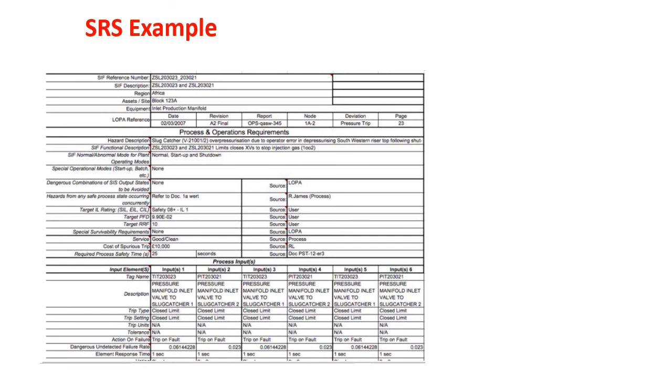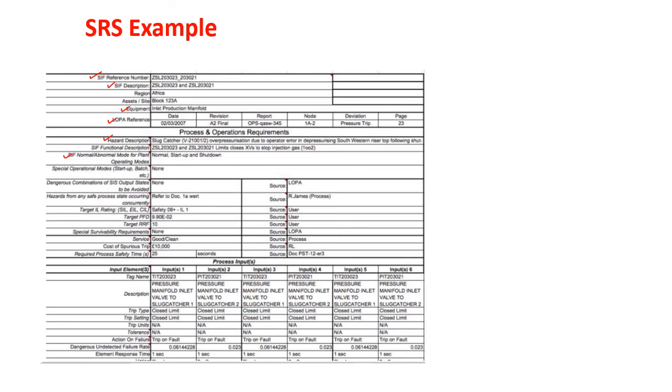So this is a simple example of an SRS. It may be difficult for you to see, but it contains the following as a minimum: SIF reference number, SIF description, the equipment, and the LOPA report. Then it should contain the hazard description, safety functional description, SIF normal and abnormal modes, right?